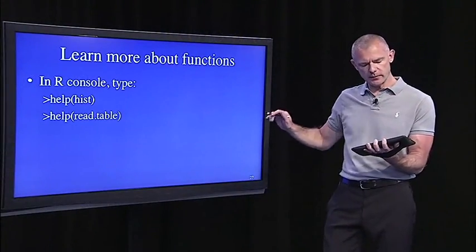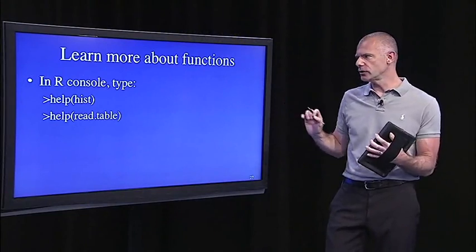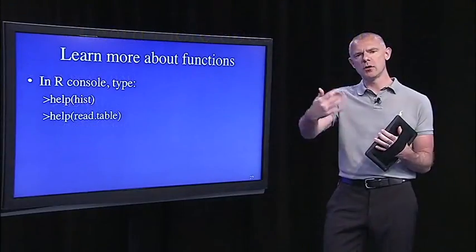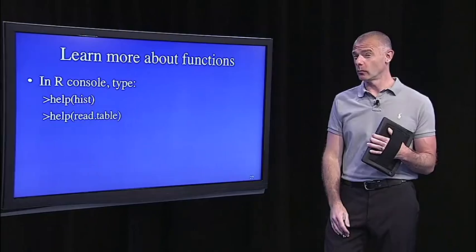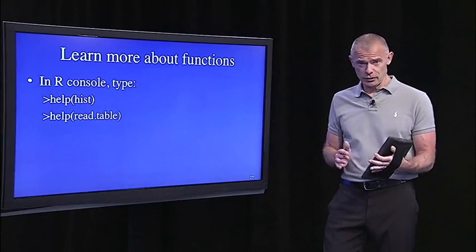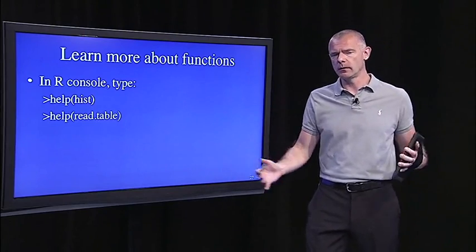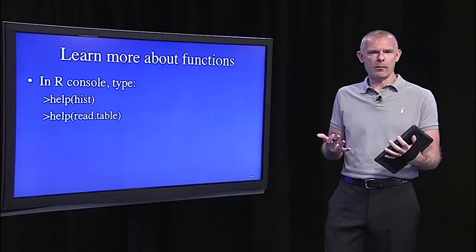Again, I mentioned this briefly, but to learn more about these functions, all you have to do in the R console is type help, open parentheses, and the function name, and R will show you all the options that are available within that function. You can also just Google how to do something in R, and you'll get lots of help that way.